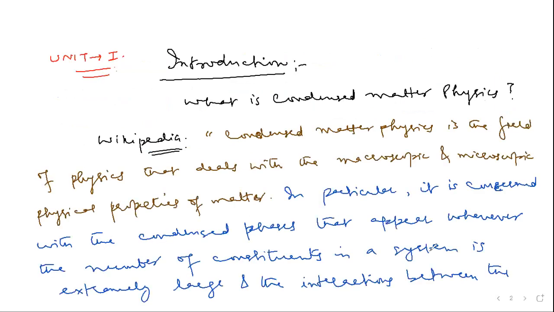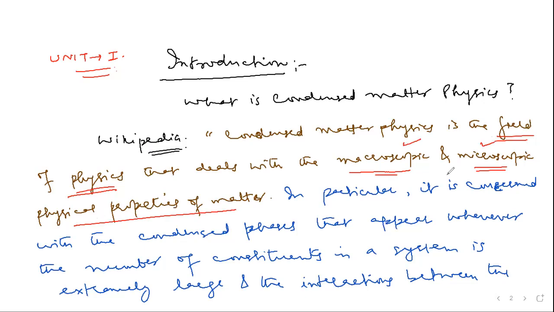Let us try to analyze this definition of condensed matter physics. So it is a field of physics. Physics has many fields, as you know. So condensed matter physics is one of its fields. It deals with what? Macroscopic and microscopic physical properties of matter. You know, matter has physical properties. Different matter shows different physical properties. So condensed matter physics deals with macroscopic as well as microscopic physical properties of matter.